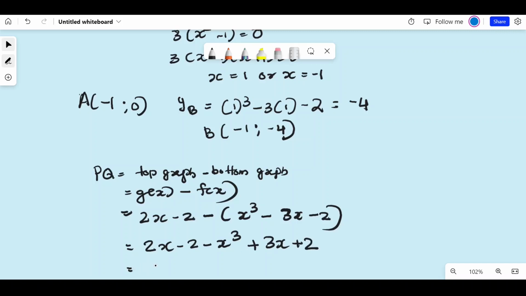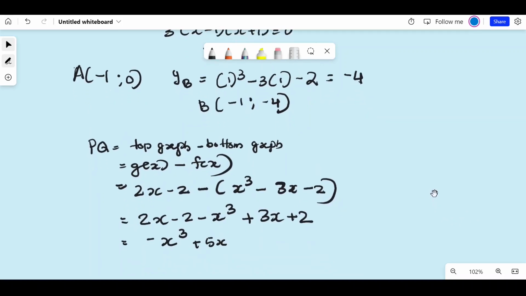That will give you, let me write in order, minus x cube, 2x plus 3x will give you 5x, minus 2 and plus 2 cancel each other. So this is the length of PQ.